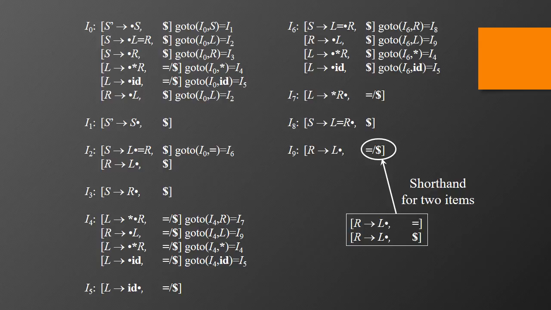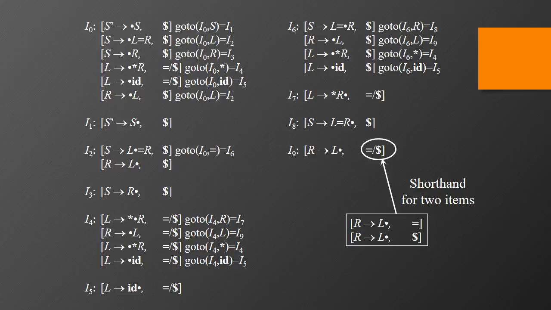Similarly, I3 will contain S gives R dot comma dollar, I4 will contain L gives star dot R comma equal-to-hyphen-dollar, R gives dot L comma equal-to-hyphen-dollar, L gives dot star R comma equal-to-hyphen-dollar, L gives dot ID comma equal-to-hyphen-dollar.